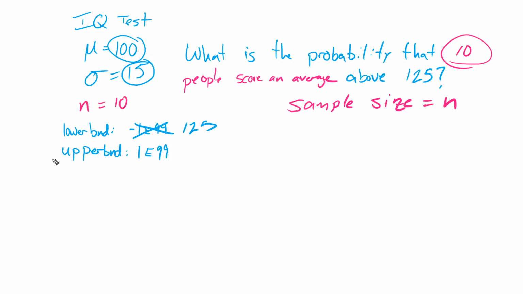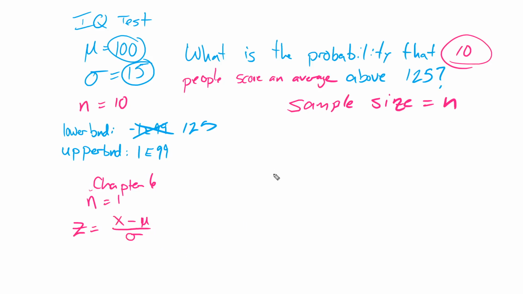If we have a sample size, what's going to change is how we calculate our z-score and how we use our calculator. In chapter 6, we basically had a sample size of 1, n equals 1 for every question, so z is equal to x minus mu over sigma.